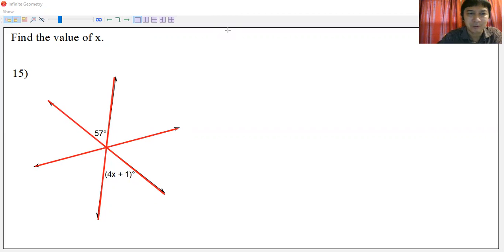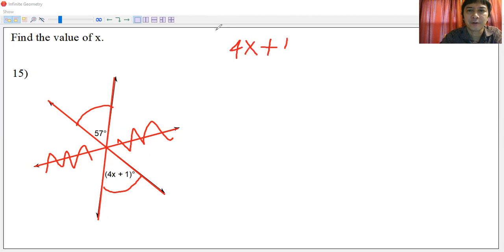But the line over here is not actually required, because this and this are an angle pair called vertical angles. So our working equation will be 4x plus 1 equal to 57. Find the value of x.